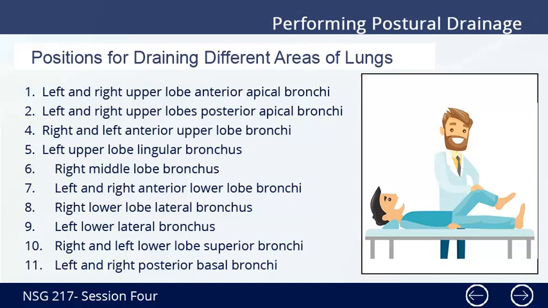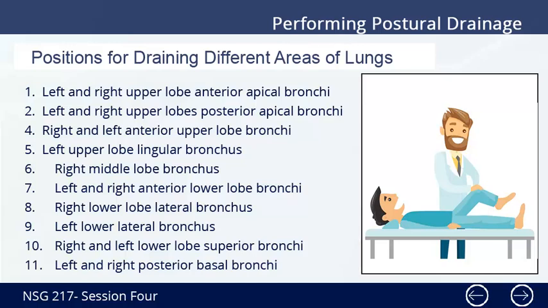Number 6, left and right anterior lower lobe bronchi. You will have the patient lie on the back in Trendelenburg position with foot of bed elevated 45 to 50 cm. Have knees bent on a pillow. Percuss and vibrate over the lower anterior ribs on both sides.